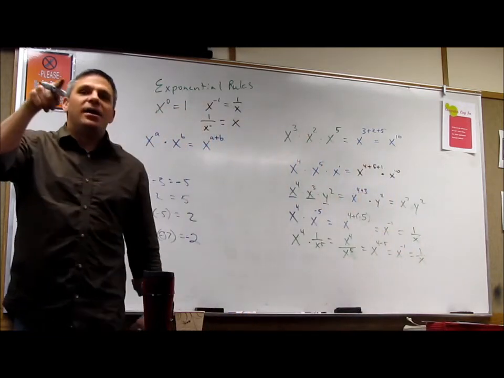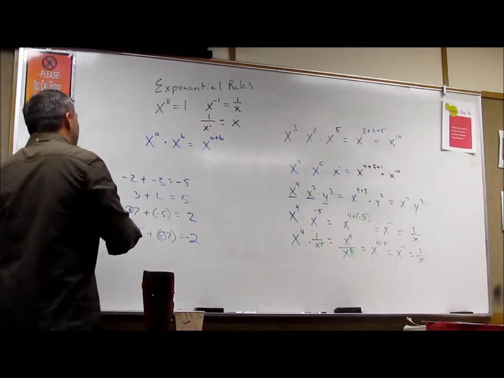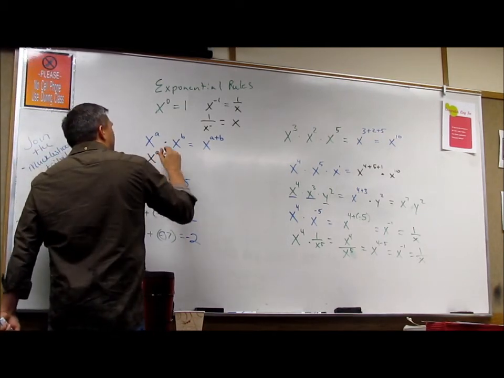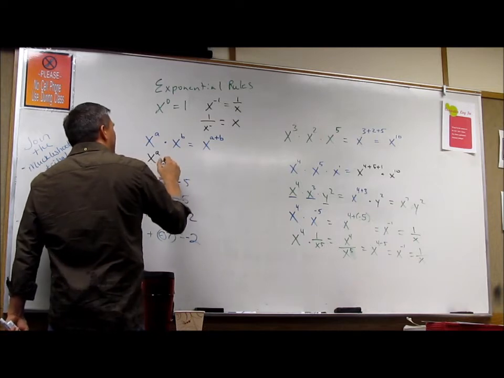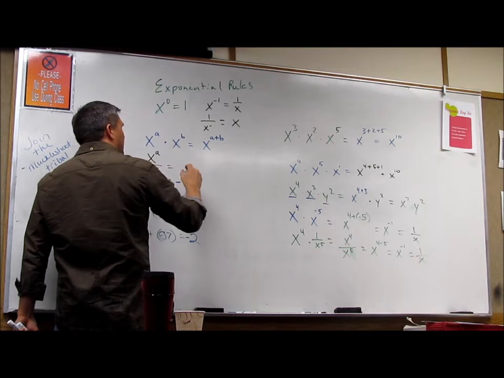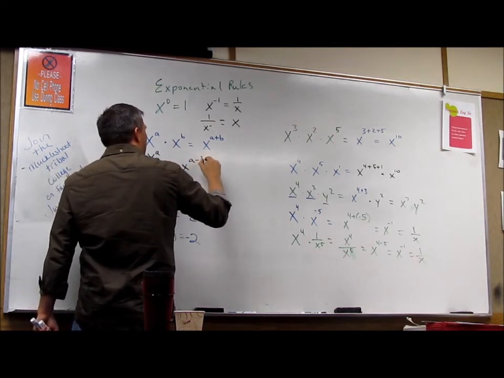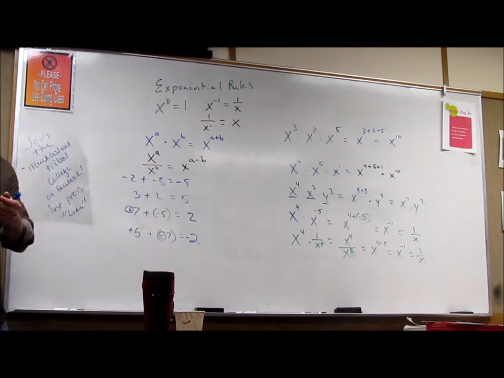But we have a new rule. And that rule is x to the a divided by x to the b is equal to x to the a minus b. And hopefully that was covered in 15 minutes.